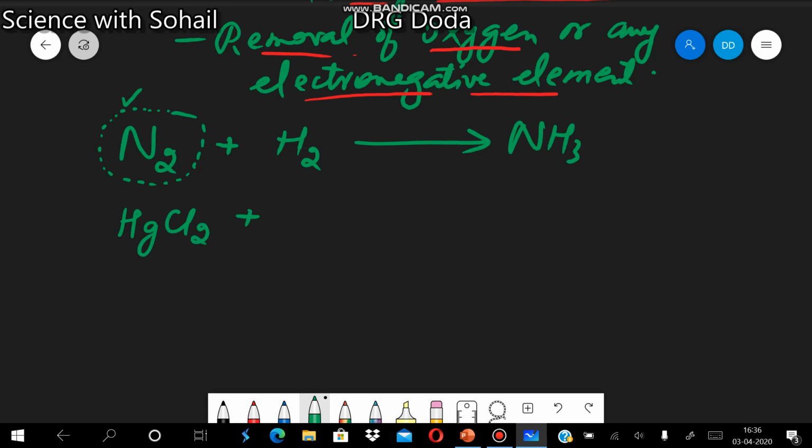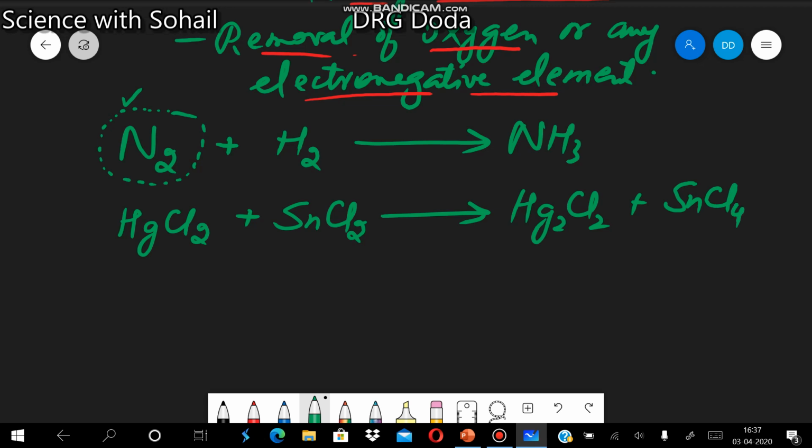Mercuric chloride, HgCl2 is mercuric chloride. It reacts with stannous chloride and gives Hg2Cl2, that is mercurous chloride, and SnCl4, that is stannic chloride.